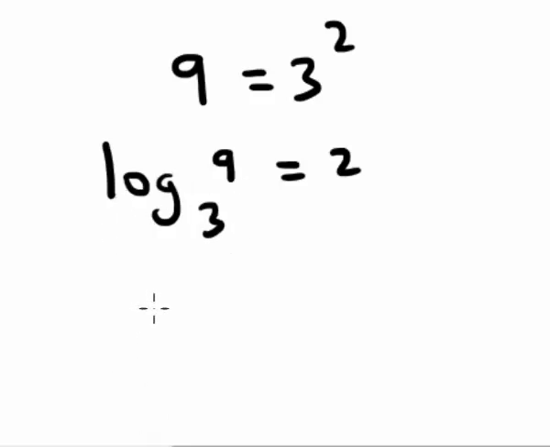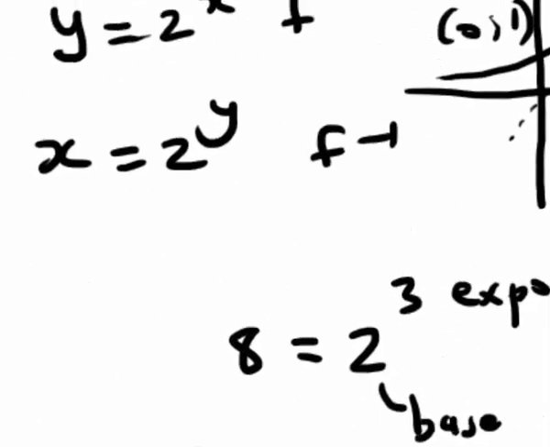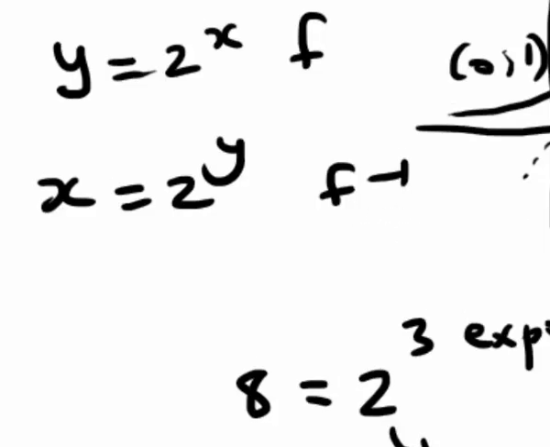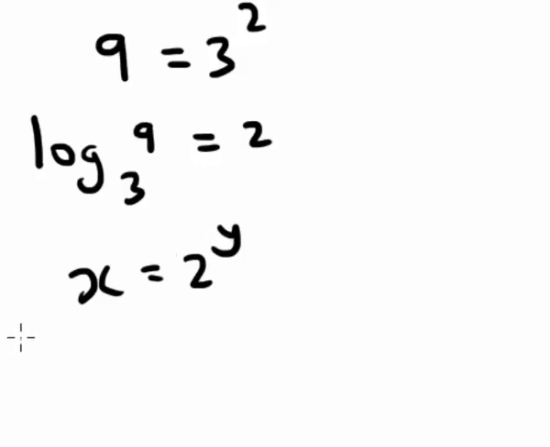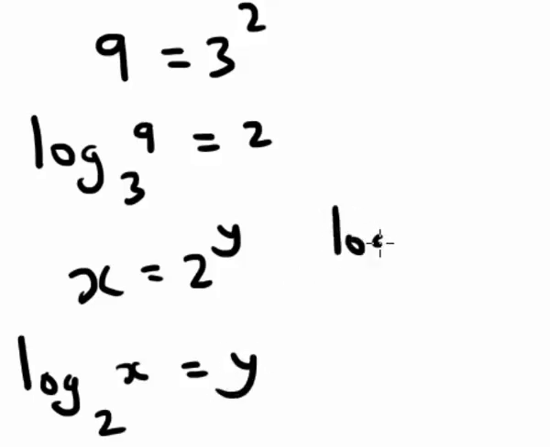So if you've got x equal to 2 to the y, which we had previously, we can write this in a different form by saying the exponent y is the log of x to base 2. The word log comes from logarithm, and it's another way of writing it.